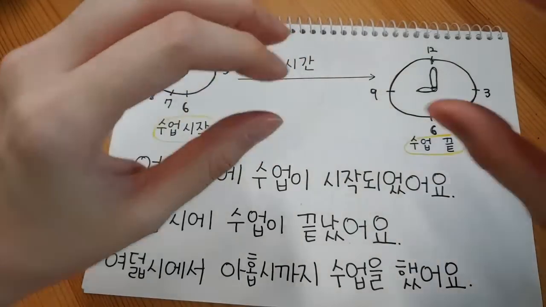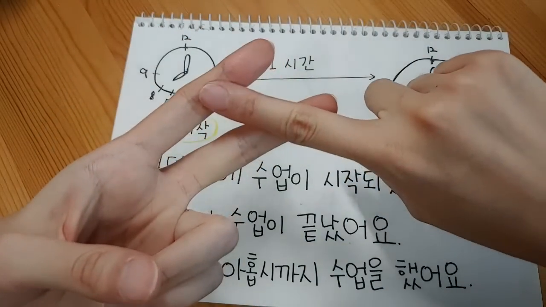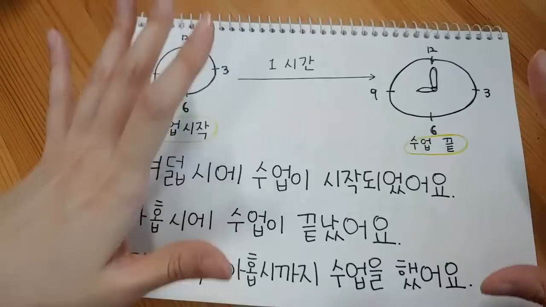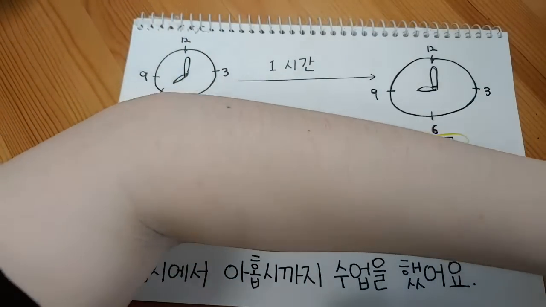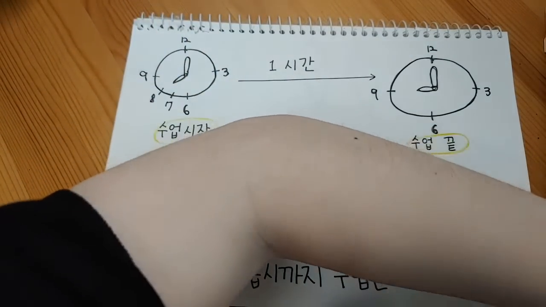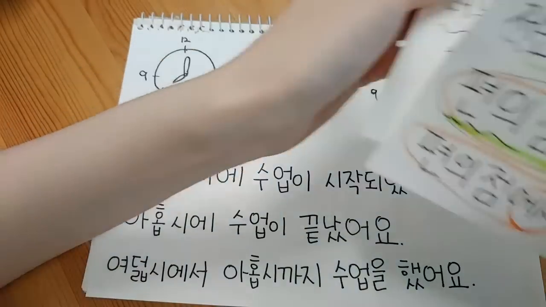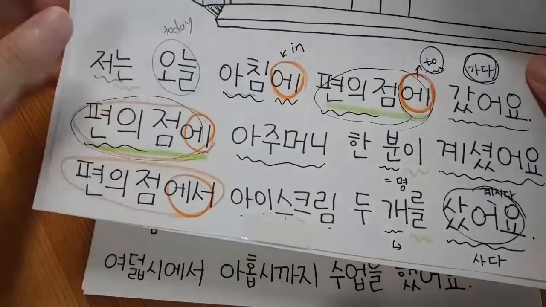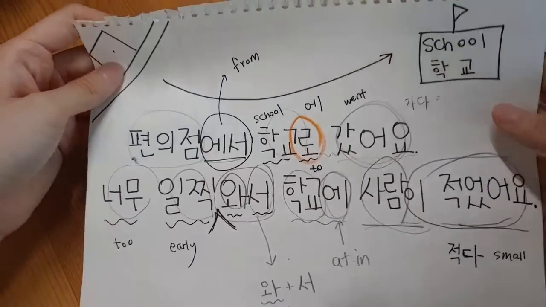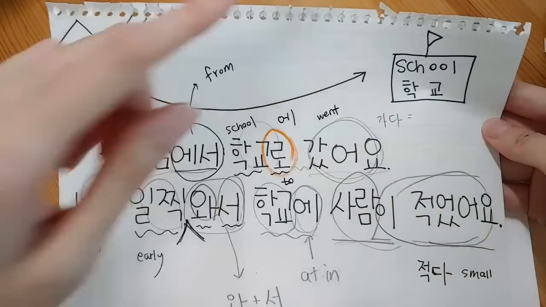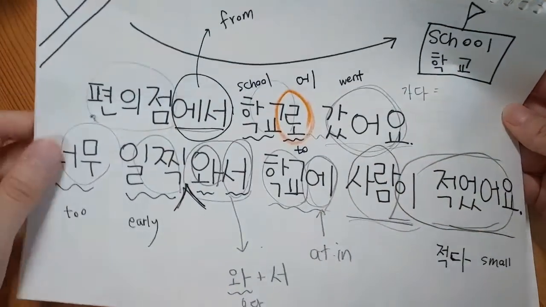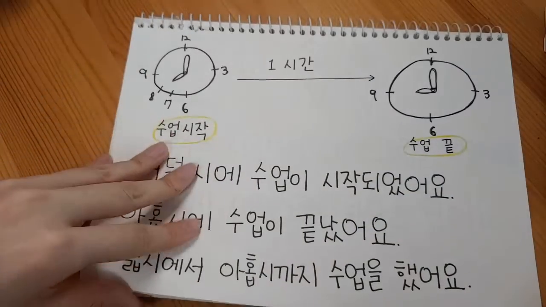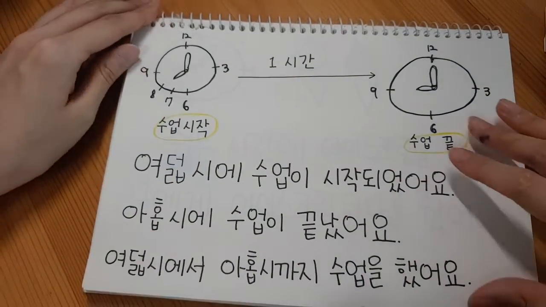So she went to the convenience store, bought 2 ice creams, and then went to school, but found that there weren't many people, right? Do you remember the story? Let me show you once again. So this is the part where she went to the convenience store and bought 2 ice cream. And then she went to school, and there weren't that many people there, right? And the story goes on from there.